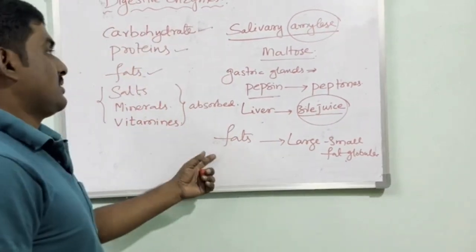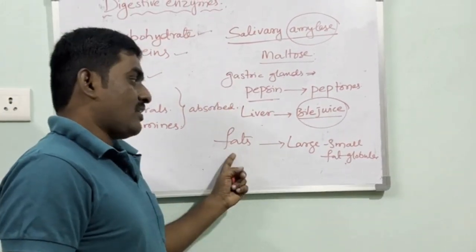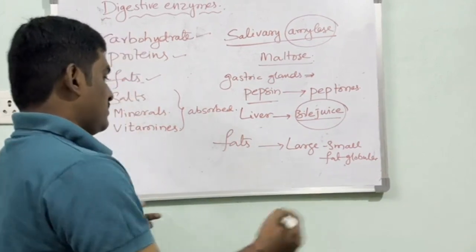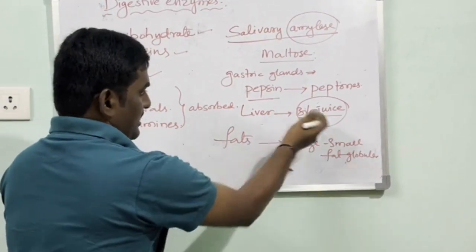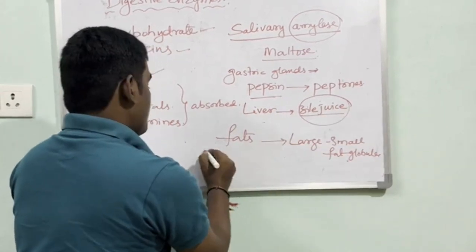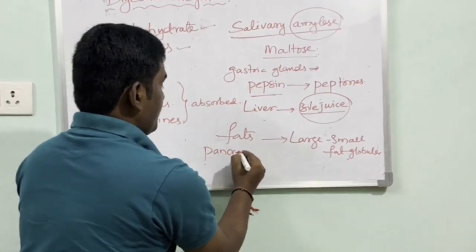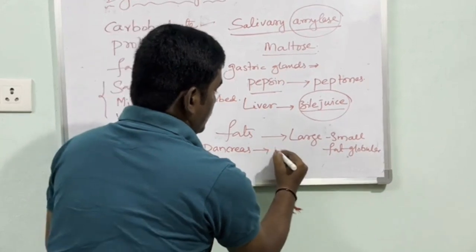Right. Next, after this, what do we have? Small intestine. Before the small intestine, we have the liver and pancreas. The pancreas releases pancreatic juice.